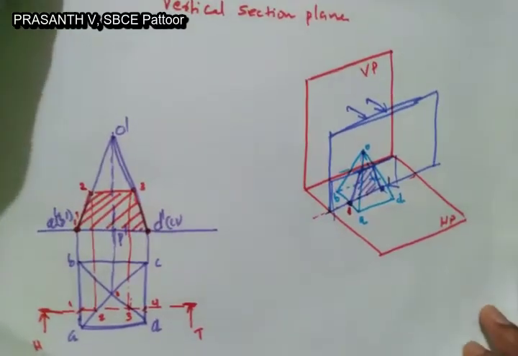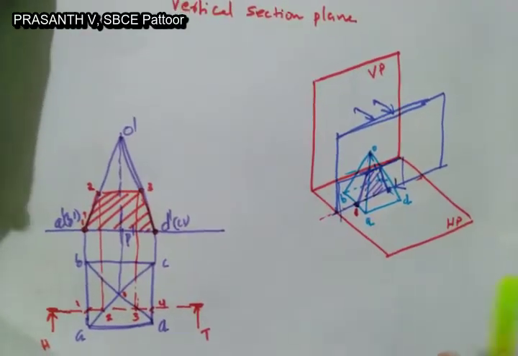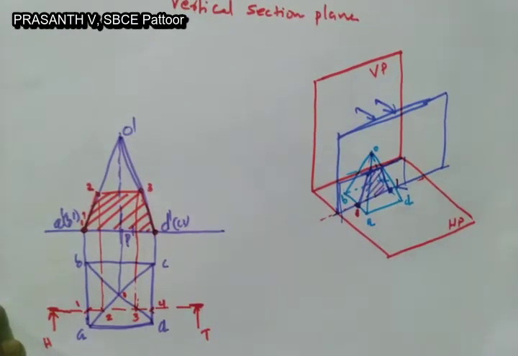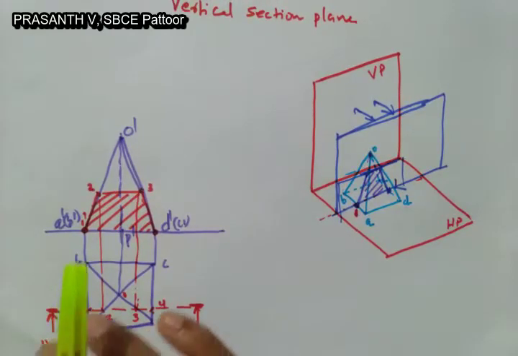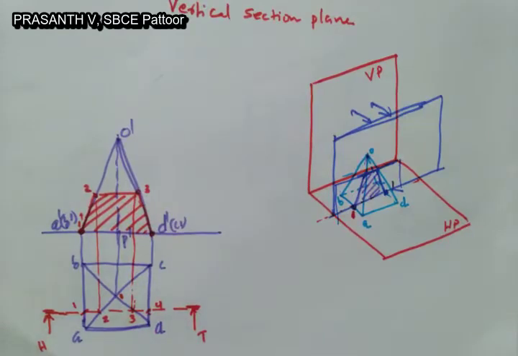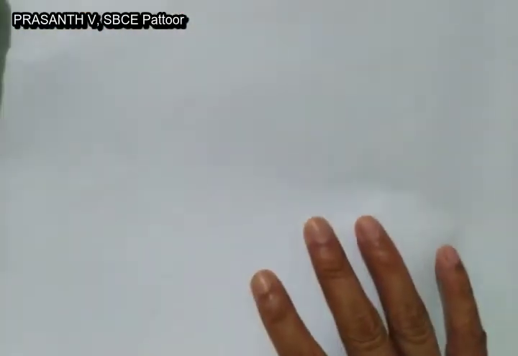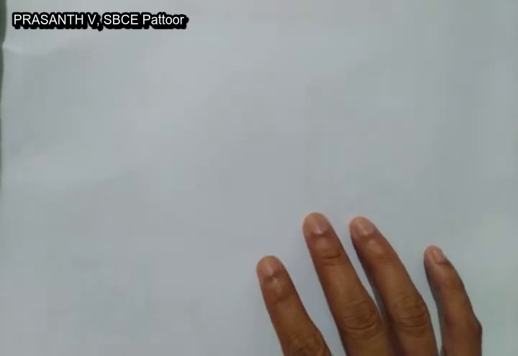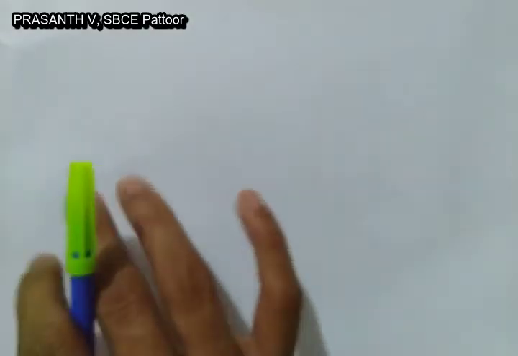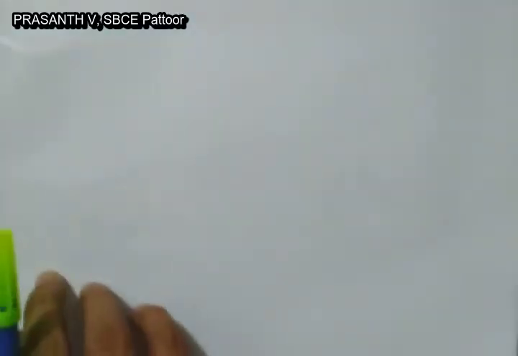Now next is the section plane inclined to HP and perpendicular to VP. For that, you just consider a question. The same square pyramid is resting on HP with its base such that the base edges are parallel to VP.